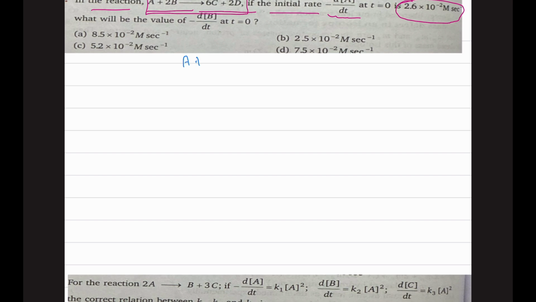If I write A plus 2B gives 6C plus 2D, the expression of rate I am writing here.